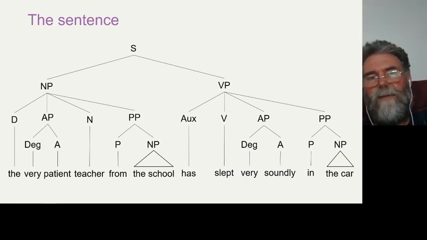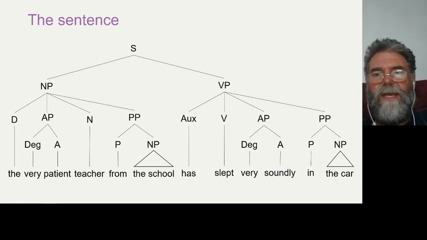And exactly the same is going on with the VP. The structural representation we've got here then shows us the ways in which we form this sentence, not just simply by putting one word after another word after another word, but by combining those words first into phrases and then into larger phrases and ultimately into sentences.